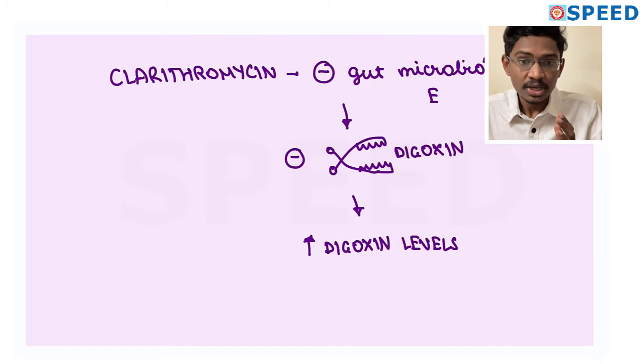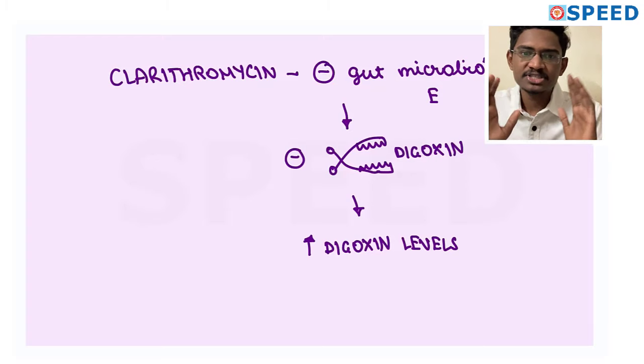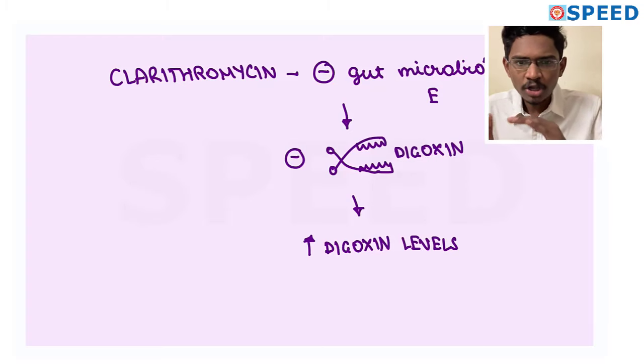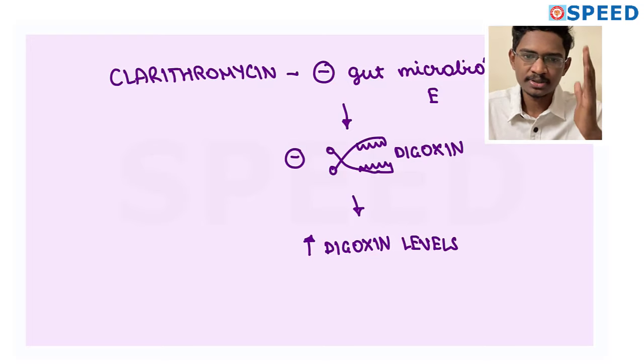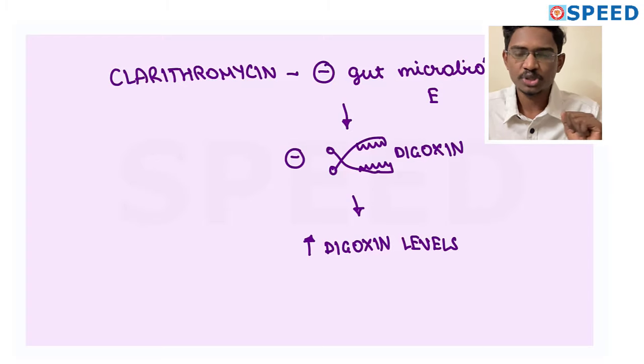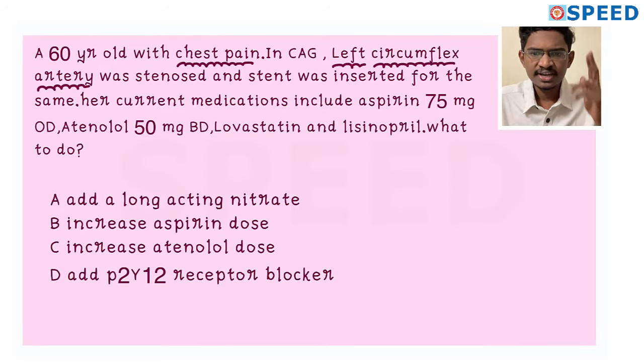So digoxin won't be destroyed in the gut at all. All the digoxin will be absorbed into the circulation, causing digoxin toxicity. So this is the mechanism of digoxin toxicity with clarithromycin, and this is how you should rule out to safely go to this option. Next question.